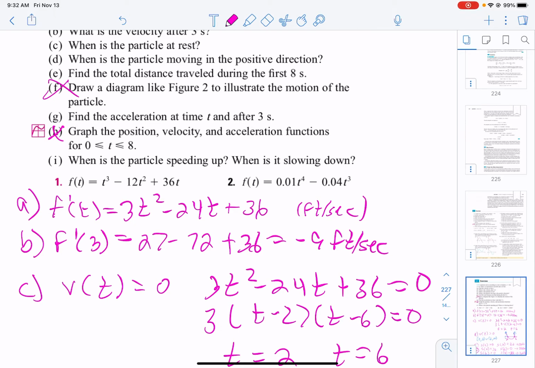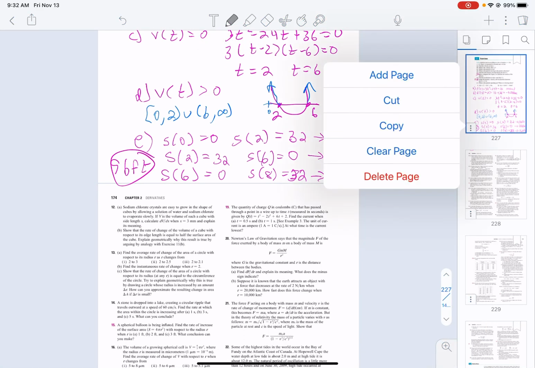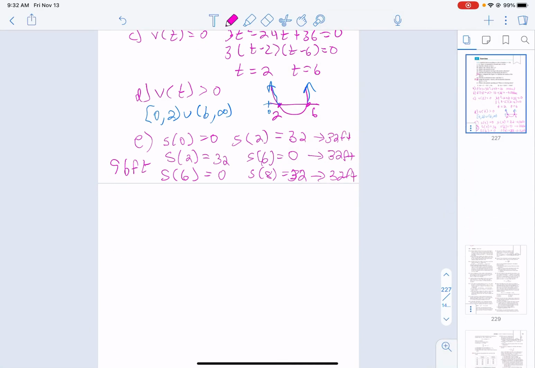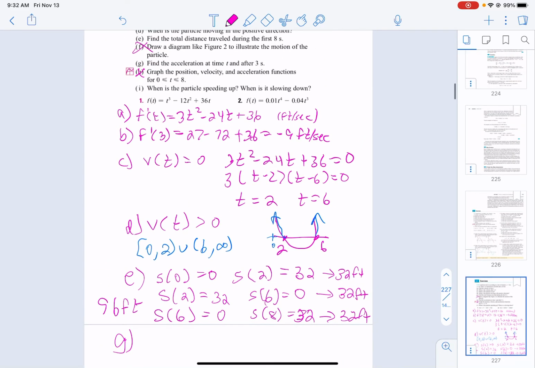Let's move on to G. Let me add myself a little bit of room here. Okay, G. Find the acceleration at time t. If you look at our velocity function in part A, just take the derivative of that.